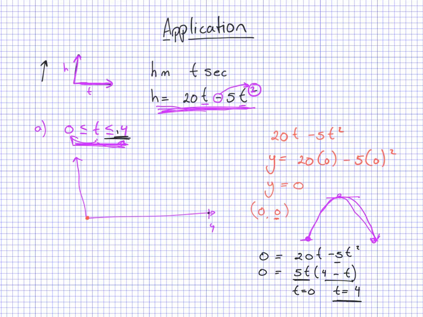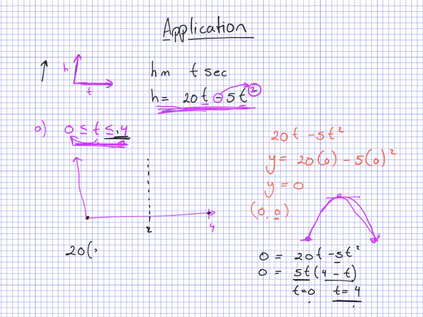So I've got another x-intercept here. So x-intercept, x and y-intercept. Now I know that the axis of symmetry is midway between the two x-intercepts. So the axis of symmetry is at 2. Put a dotted line here. To find out the height, all I have to do is substitute 2 into the place of t.